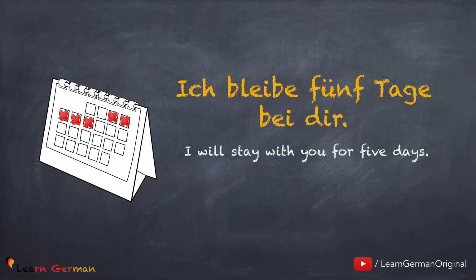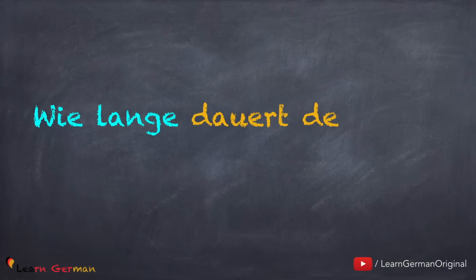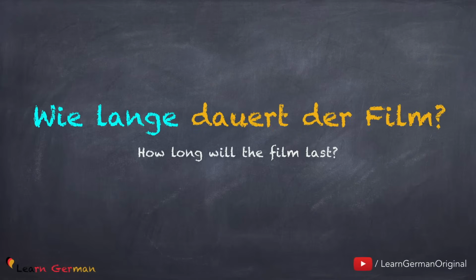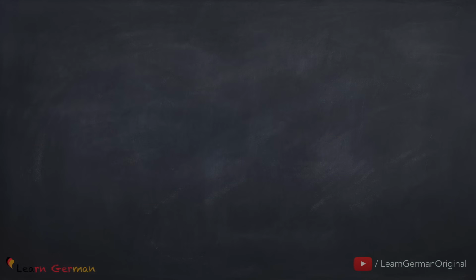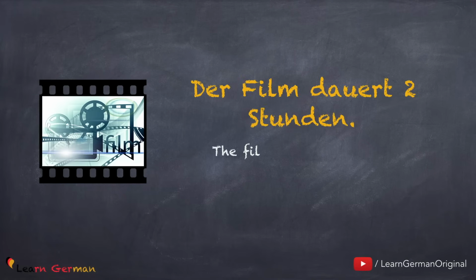You can also say 5 Wochen or eine Woche, etc. Let's look at another question. Wie lange dauert der Film? Der Film dauert 2 Stunden. As mentioned before, your answer can vary.